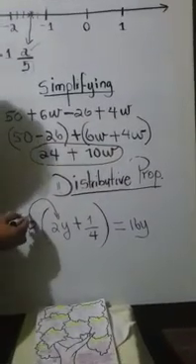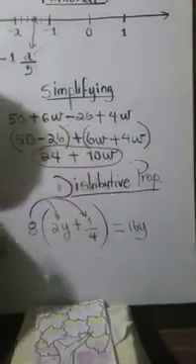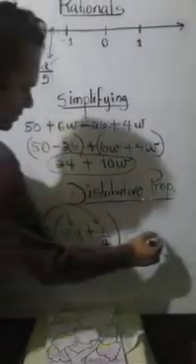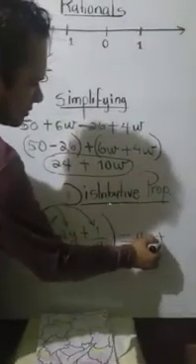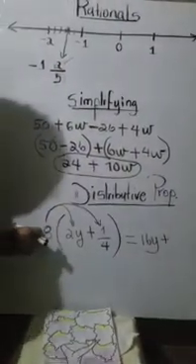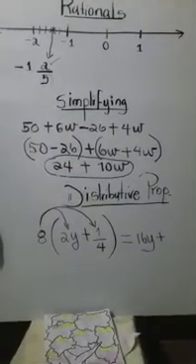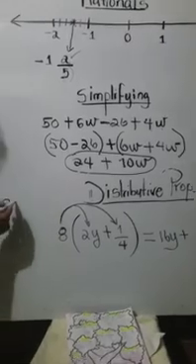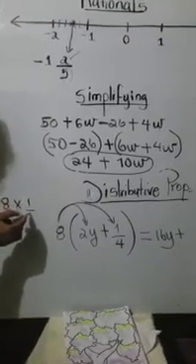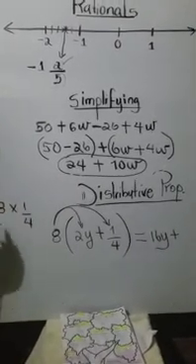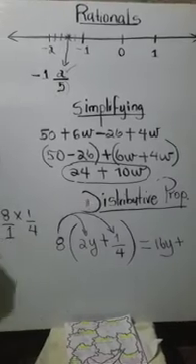Now, the other number is 1/4. You write the same sign. But how much is 8 times 1/4? I will do it here. 8 times 1/4. Of course, you need to place the 1 here.